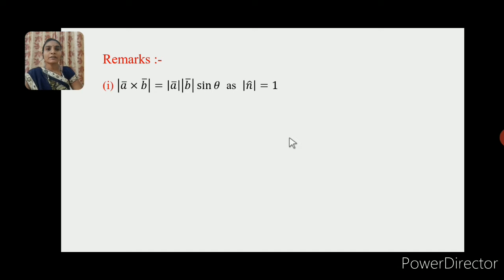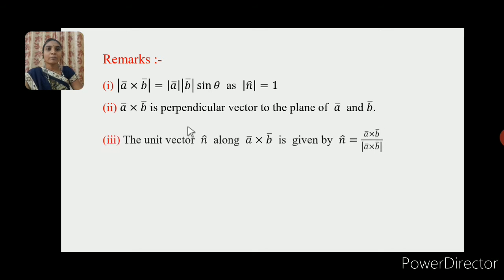Remarks. First, magnitude of A bar cross B bar is equal to magnitude of A bar magnitude of B bar into sin theta, as magnitude of n cap is equal to 1. N cap is a unit vector and the magnitude of a unit vector is 1. Second, A bar cross B bar is a vector perpendicular to the plane of A bar and B bar.